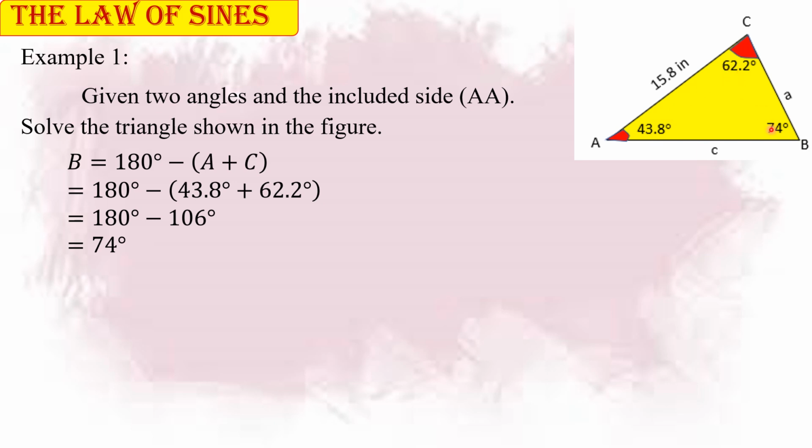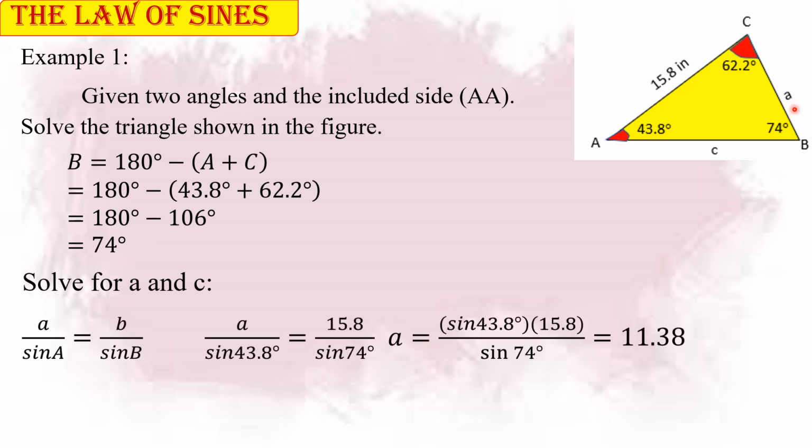Now let's proceed to the two unknown sides. Let's find first side A. So let's solve for A and C. Ayan. Okay, so gagamitin na natin dito yung law of sines. Since yung A yung unknown natin, meron tayong A over sine A. But as I said a while ago in note number 1, we can still use the reciprocal of the law of sines.